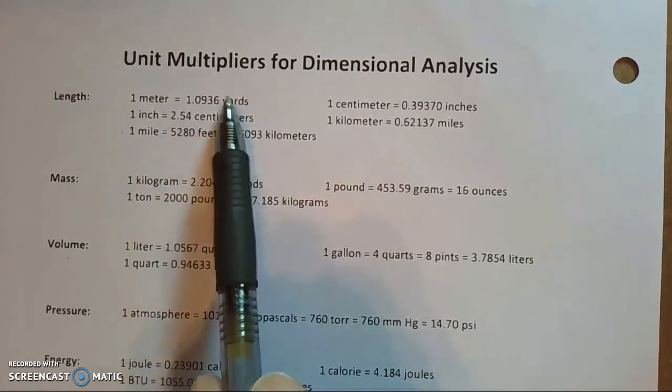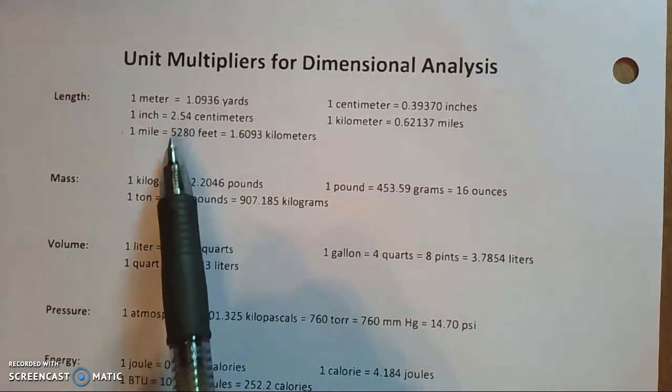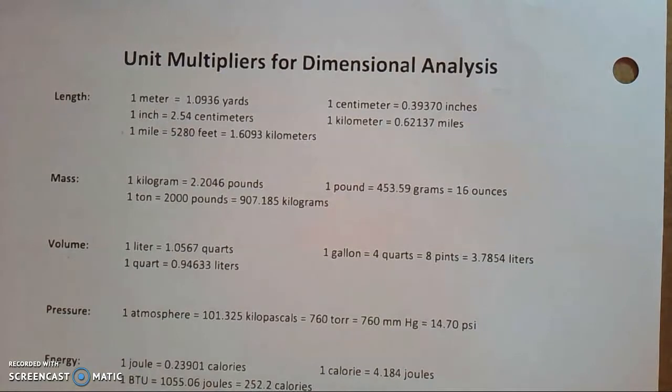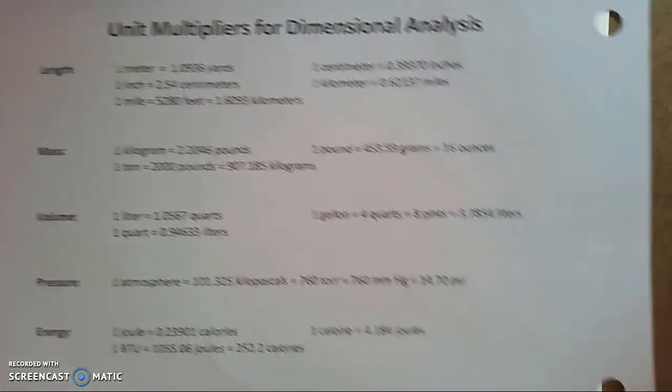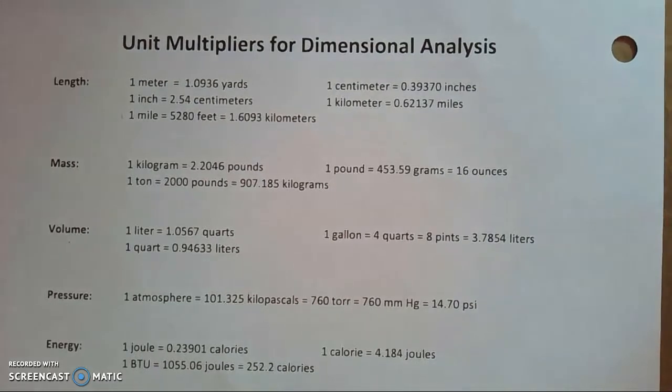So these two things are equal to one another. 1 inch is 2.54 centimeters, and so on as we go down through here. So you can see that we have a lot of different unit multipliers, and this just skims the surface of all of them that are possible. We could have lots of unit multipliers that we could look up, but these are the ones that we're going to use. You just have to know how to use these. You do not have to memorize them.